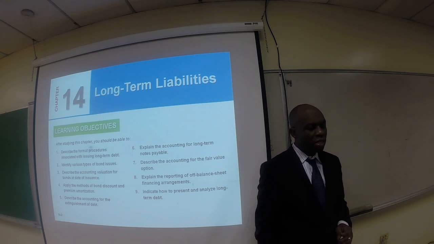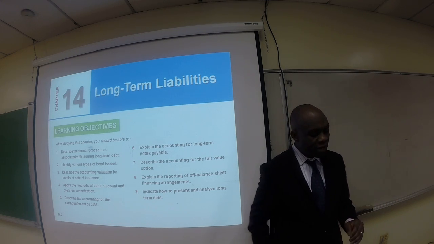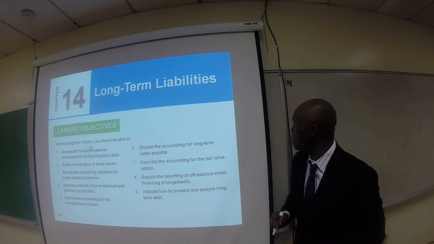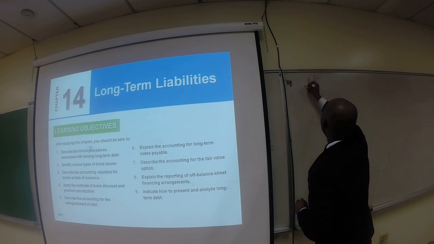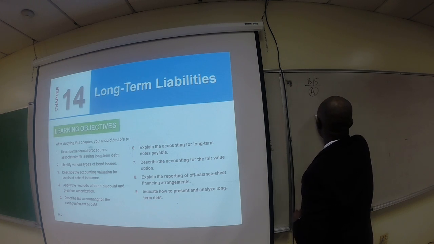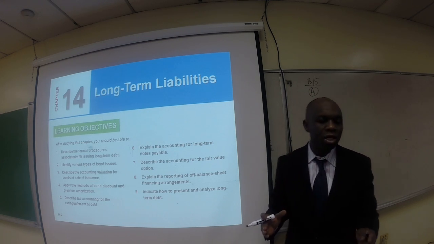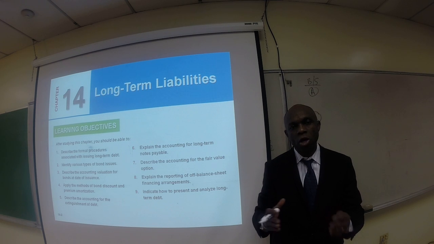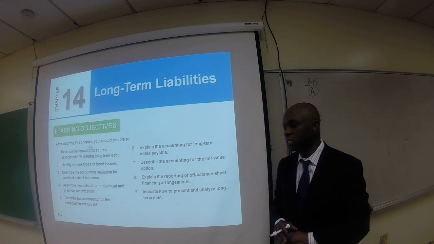Now, having said that, the underlying financial statement here in chapter 14 is the balance sheet. As you know, the balance sheet has three components: assets, liability, stockholders' equity. And we said that the balance sheet is a financial statement that talks about the financial condition of a company at a point in time.